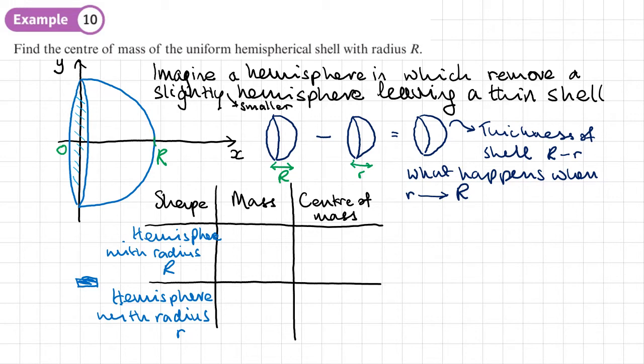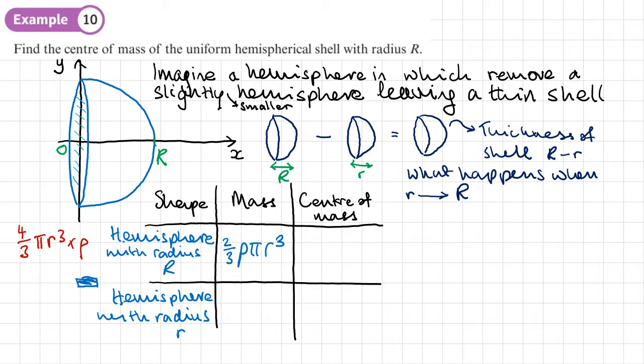Okay, you can use any letter you like, but just using big R and little r makes sense to me. Now the volume of a sphere is 4/3 pi r cubed. So if we times that by rho, we get the mass of a sphere. So if we divide that by 2, we're going to get the mass of a hemisphere, and that's going to be 2/3 rho pi R cubed.